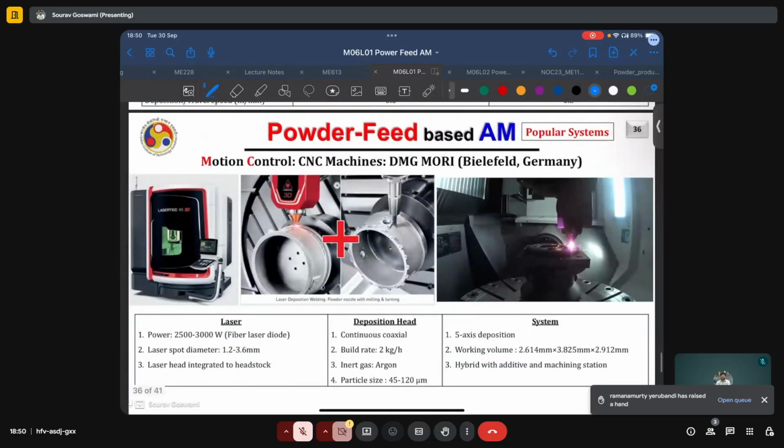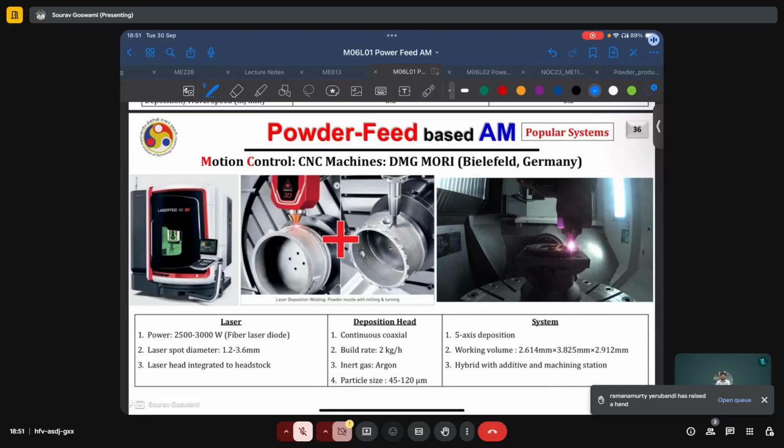Machines by DMG Mori are also featured here, which typically have powers between 2500 to 3000 watts using diode lasers. The laser spot diameter is between 1.2 to 3.6 mm. The laser head is integrated to the headstock. The deposition head is continuous coaxial in nature.